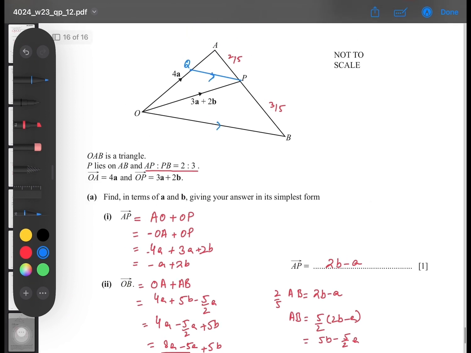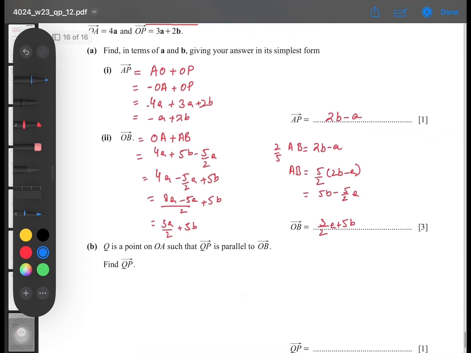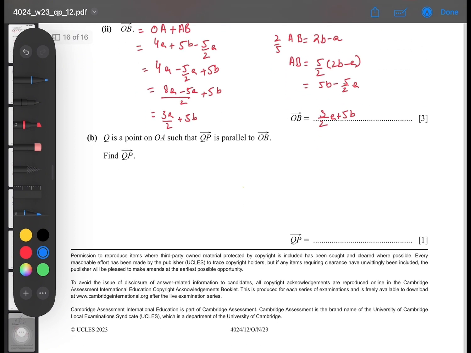We know that if we compare the other sides of this triangle, AP is taking 2 parts and AB is taking 5 parts. So OB is taking 5 parts and QP is taking 2 parts. So OB over QP is equal to 5 over 2.